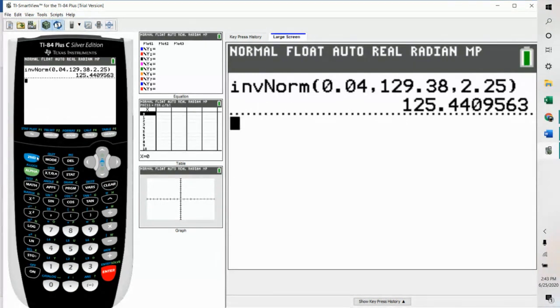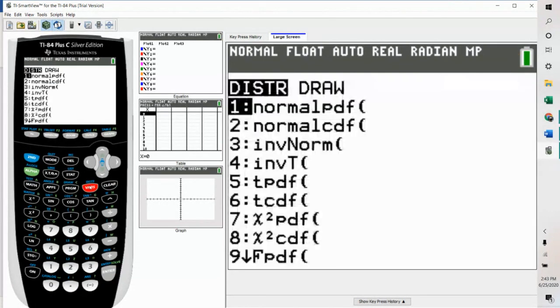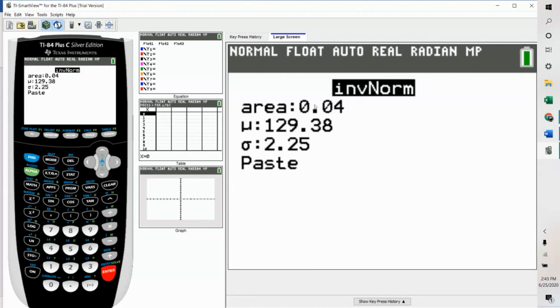For D, you do each one separately. And so we go second and distribution. But what you have to think about in this one, because we are going to still use the inverse, the area is not 40%, because remember, this tells you how many are below the value.